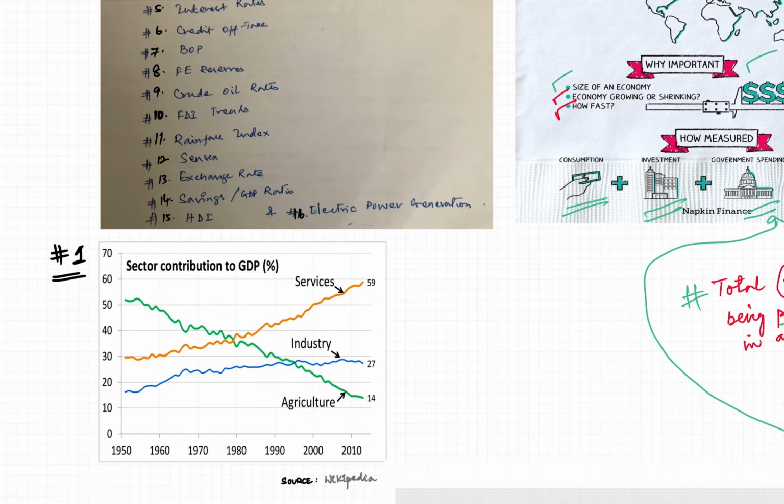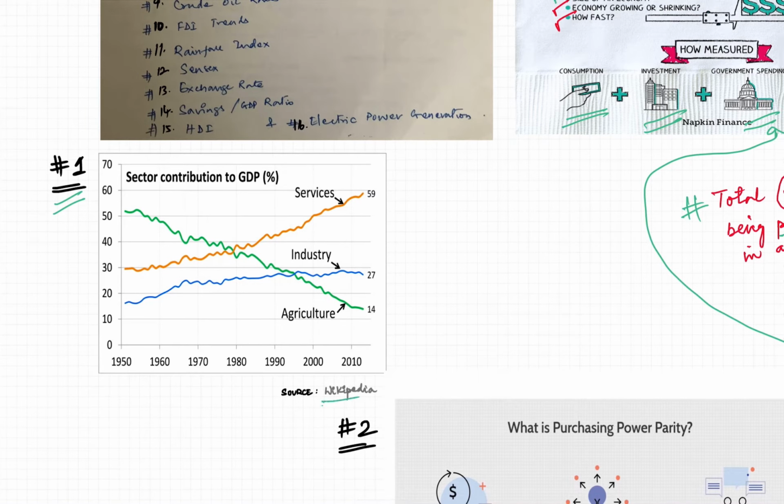Now, if you come across the first picture over here, which has been taken from Wikipedia, these are the figures that we are talking about, the contribution to GDP. If you see, the combined average of these three is 100.